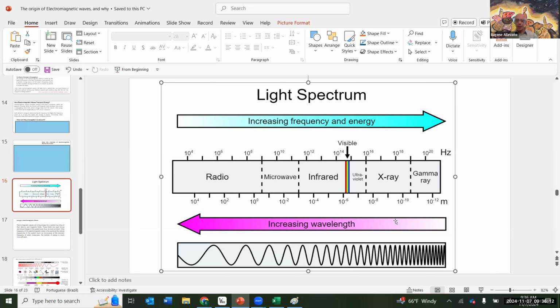So as the wavelength increases, the energy decreases, right? The energy of the wave increases as the wavelength decreases, okay? So the smaller the wavelength, the higher the energy. And the red has less energy than the blue light. The blue light has a smaller wavelength and has more energy.